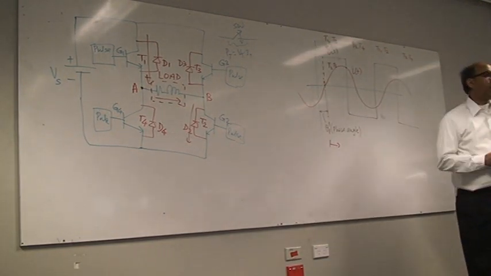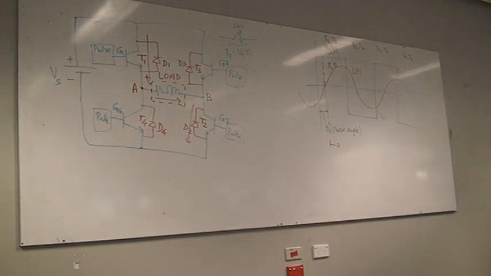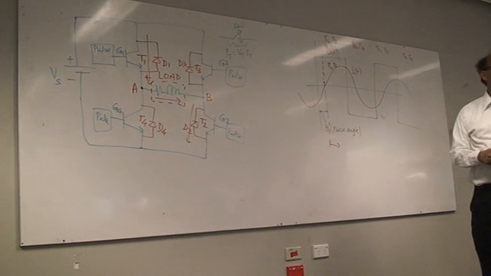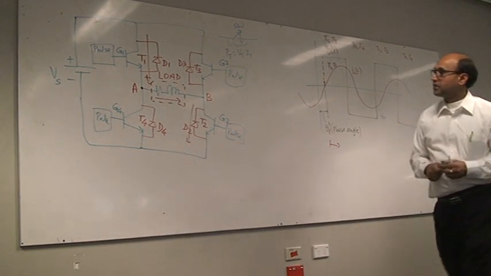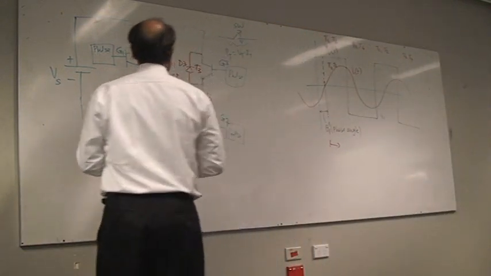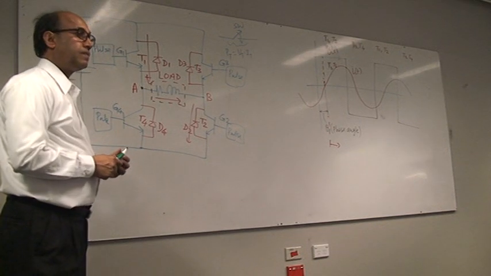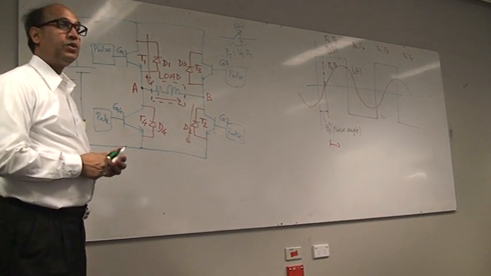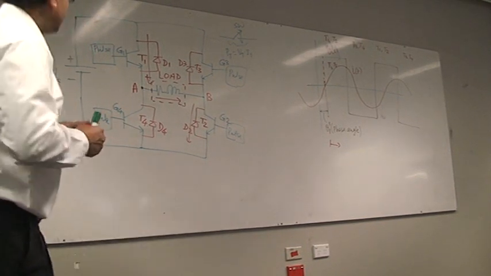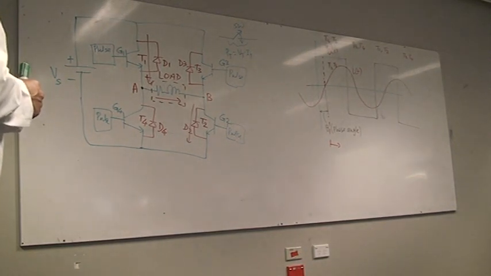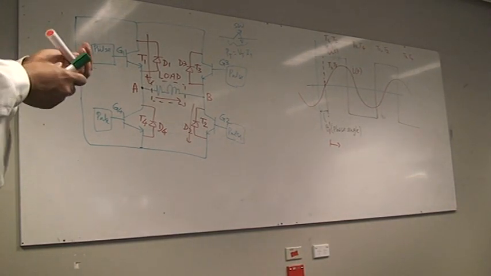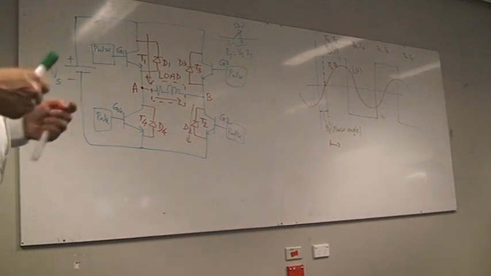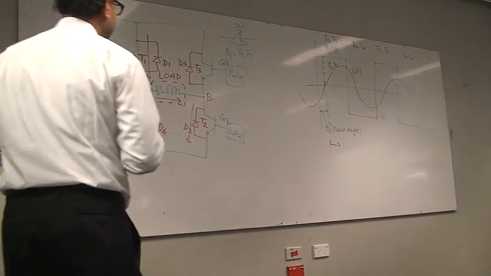So two diodes will come into picture to conduct current for this part. Which one? D1, D2? Which one? Don't just try one by one, because there are four, and you can have four combinations. I don't want you to guess a combination. I want you to tell me what exactly is going to happen.